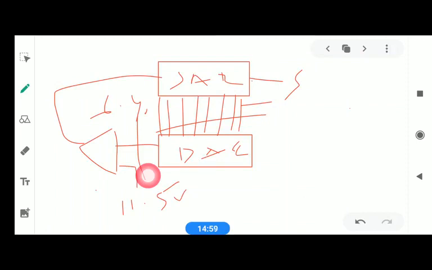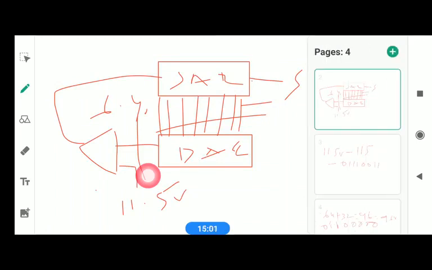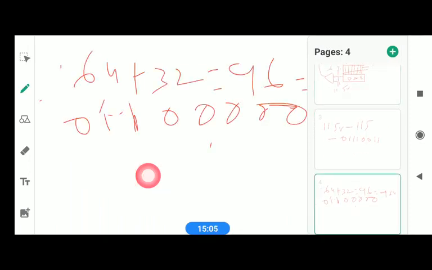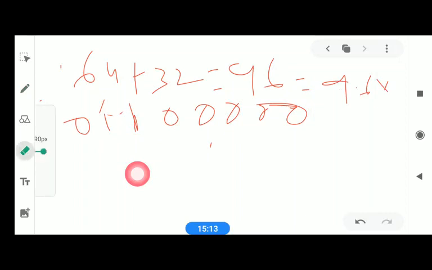So therefore once again the SAR will keep this MSB as it is, this MSB as it is, this also as it is, and make the next bit 1, right?